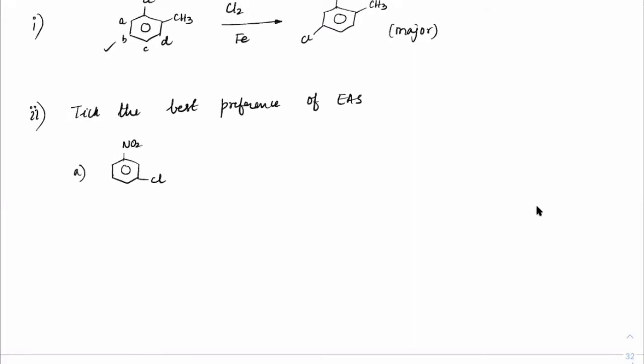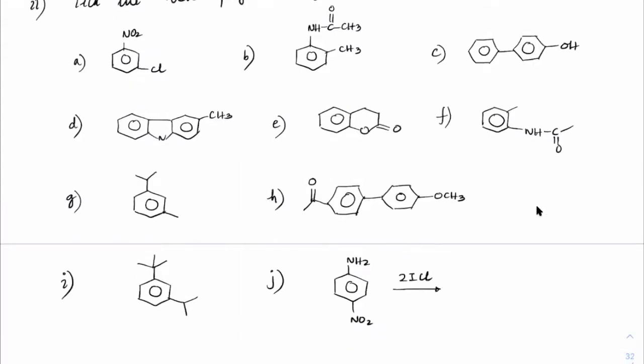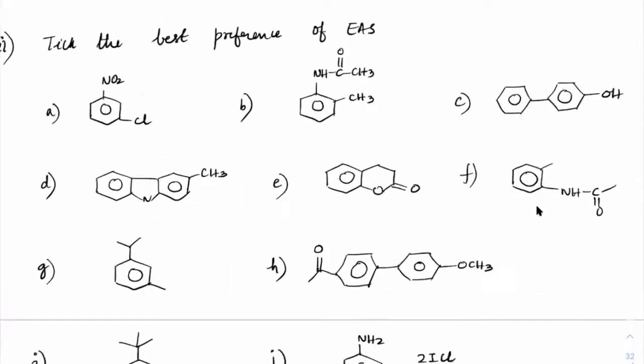Option A. I'll write all the questions here first. You have to do it. Just show the preference. What is the best preference? Next, NH, C double bond O, CH3, with CH3 here. Next, everyone. I think this much we'll do and then we'll come to the next question.